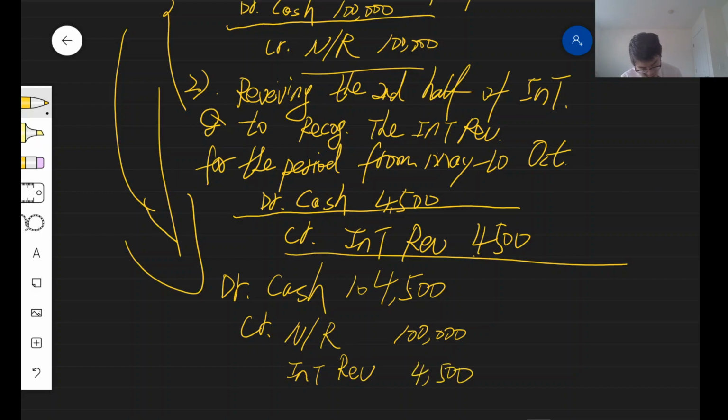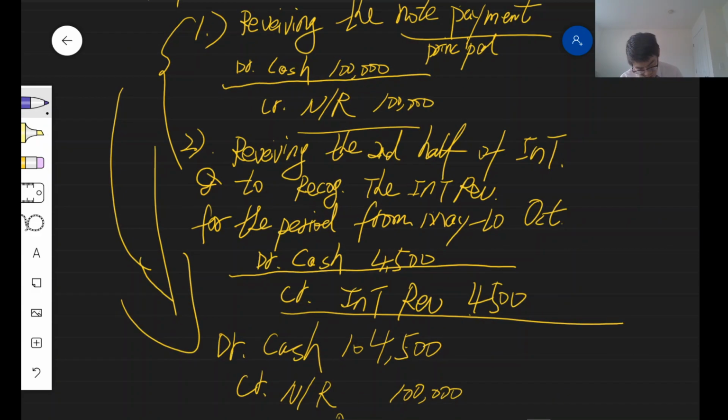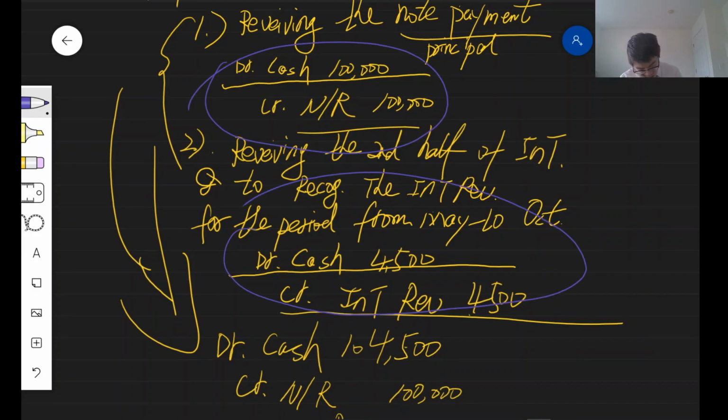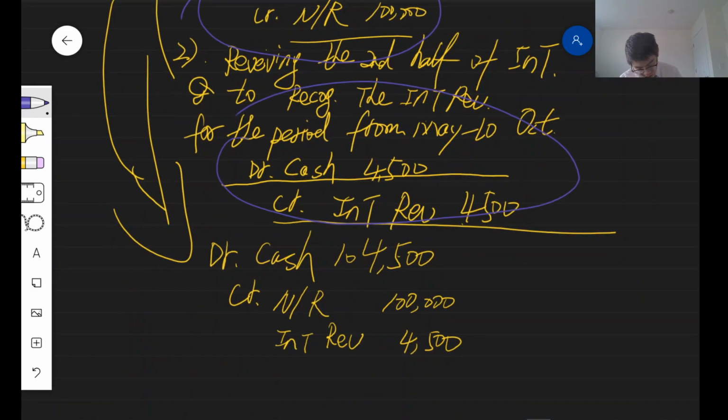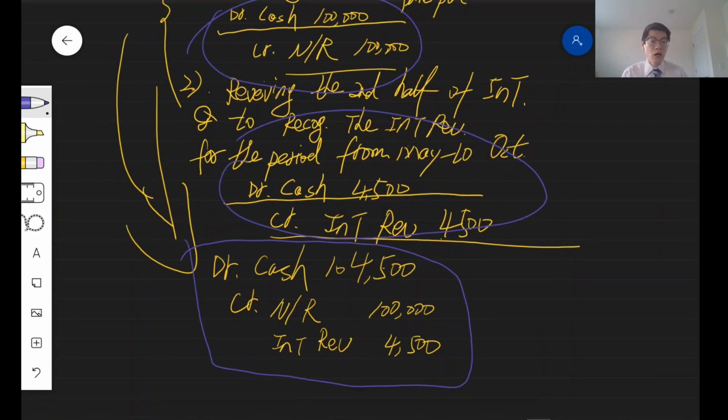So instead of making these two journal entries, you can make one single journal entry as this. Okay, that's also okay. All right, so this is for notes receivable and interest based on the notes issued.